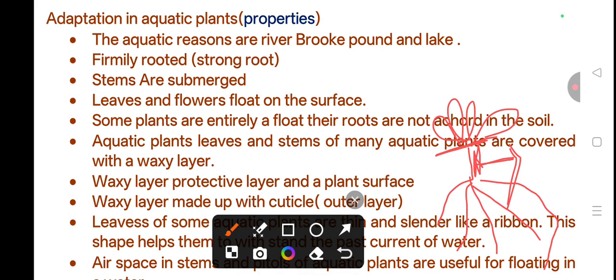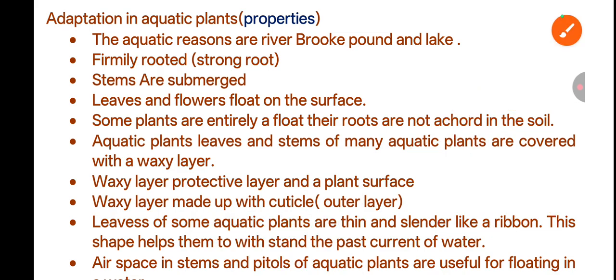All of you have seen some lakes and rivers where lotus flowers are available. The lotus flower and leaves are floating on the surface, and the stems are submerged, immersed in water. Roots are firmly rooted in the soil on the ground side.